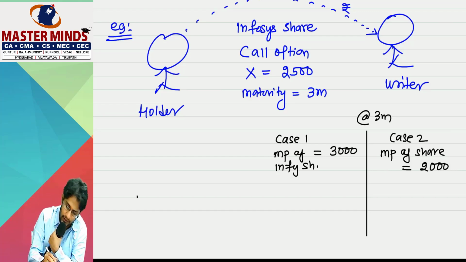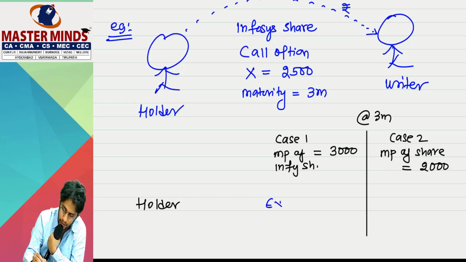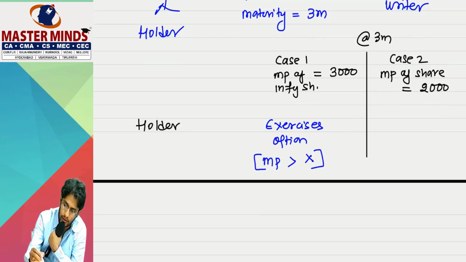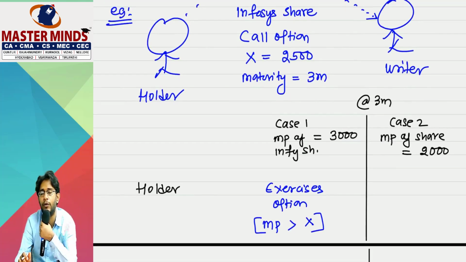I will exercise. So the holder exercises the option. Why is he exercising the option? Because the market price is greater than the strike price. Tell me, because the option is exercised, holder is making how much gain today? 500 rupees. How 500 rupees?